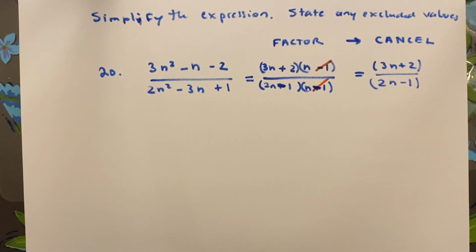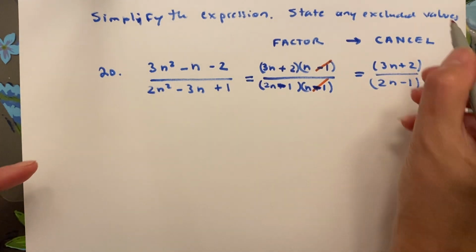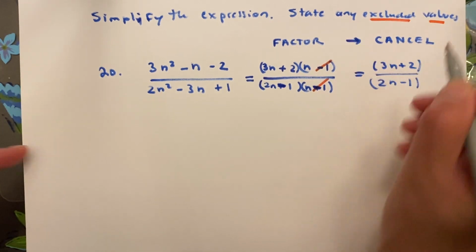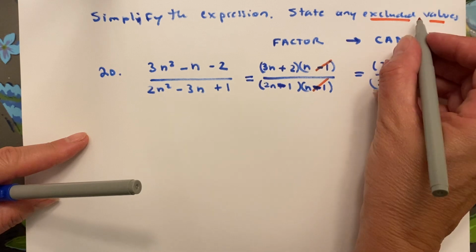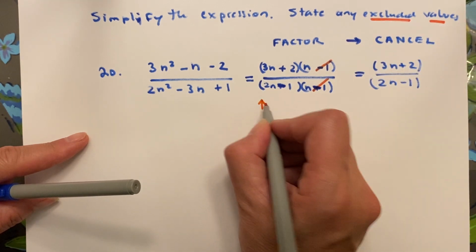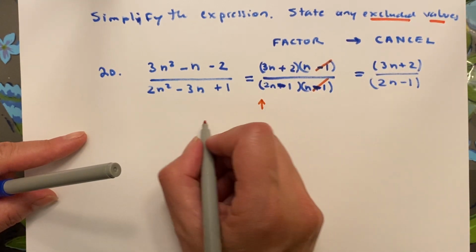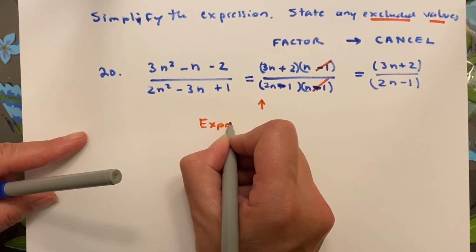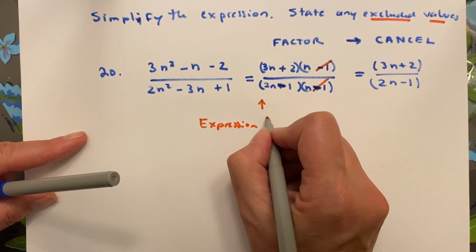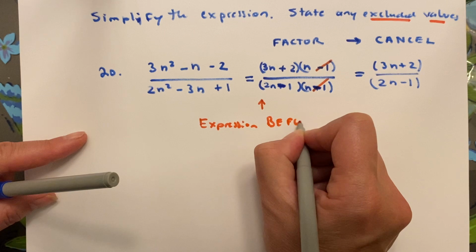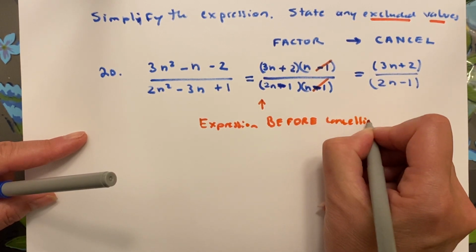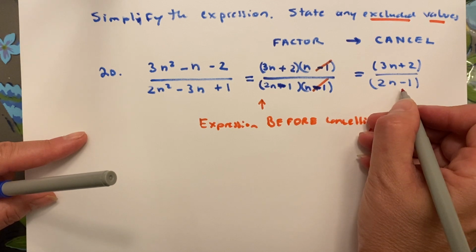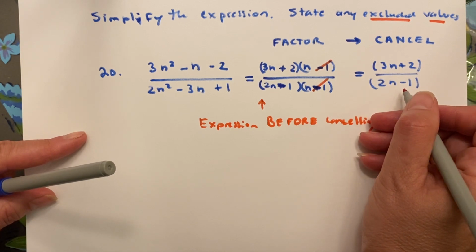Now I'm not quite done because the one thing I have not done is state the excluded values. This is incredibly important. To state the excluded values, you have to go to the expression before canceling, because if you wait till after, you're only going to get one of them instead of both.